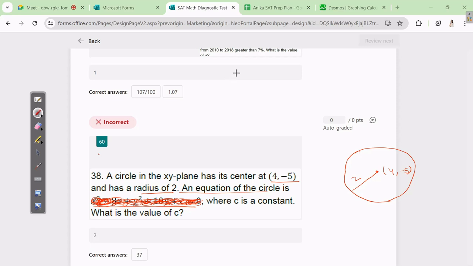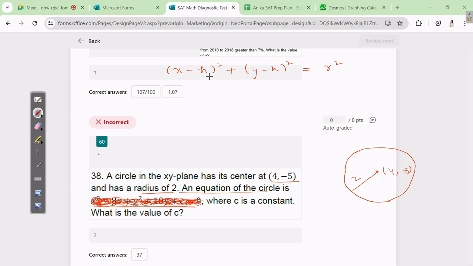Yes. So tell me the standard form of the equation of this circle. It will be, okay, first let's write the equation. It is x minus h whole square plus y minus k whole square equals r square.